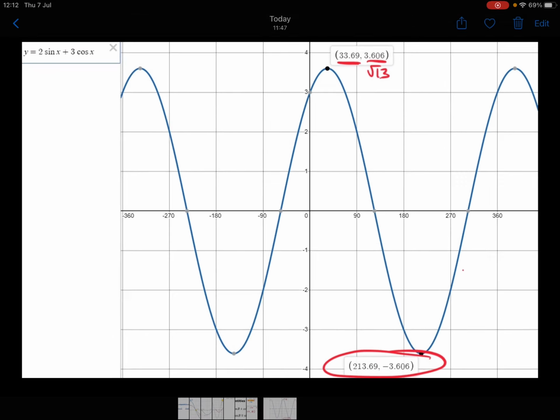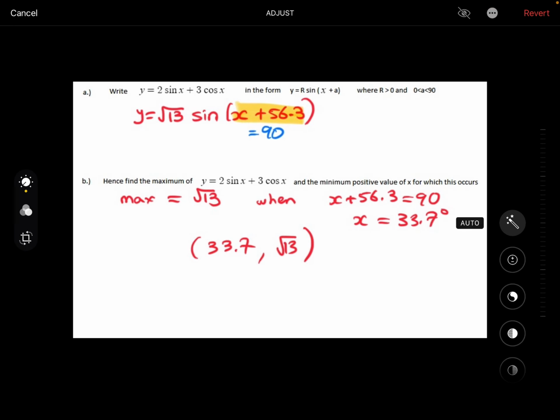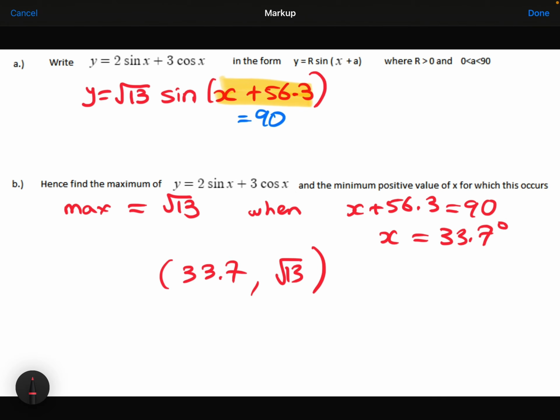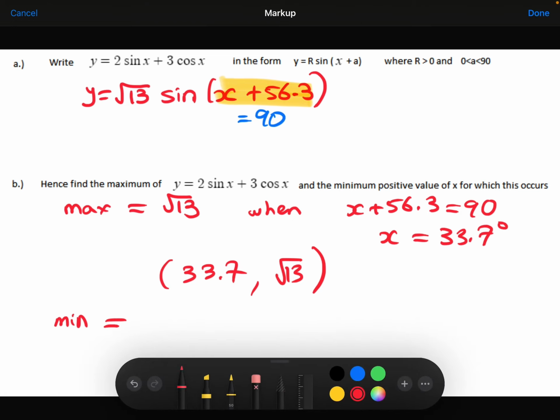Let's go back to my equation. So, the minimum. Well, I know that the smallest that the sine graph can be, the smallest that this can be, is -1. So when I times that by root 13, I get minus root 13.